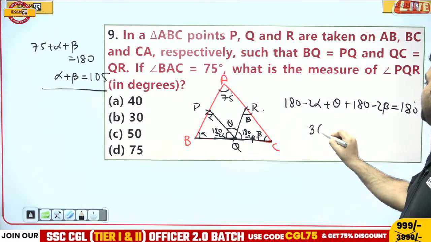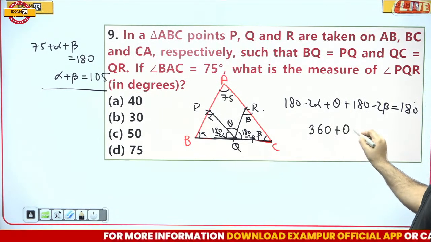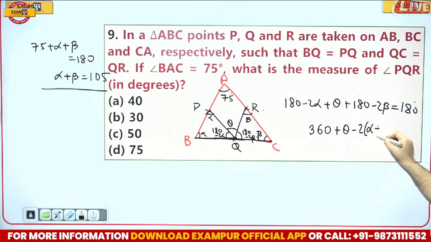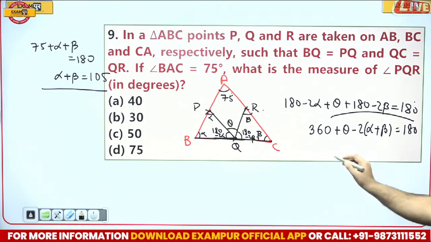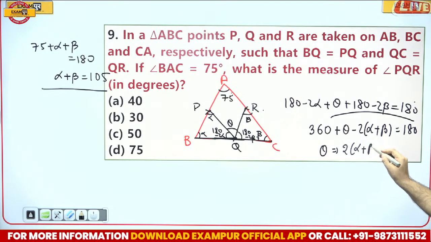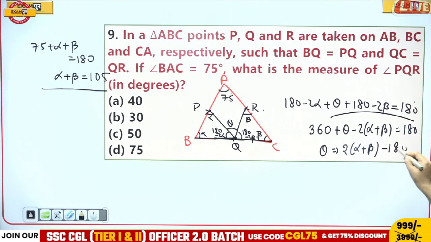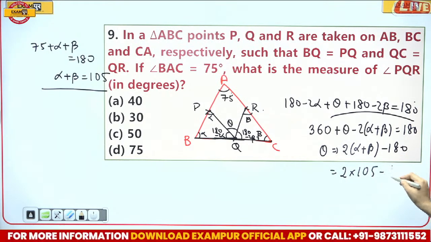So 360 plus theta minus twice of alpha plus beta is 180. So theta comes out to be 2 times alpha plus beta minus 180. Alpha plus beta is 105. 2 times 105 minus 180, 210 minus 180. 30 is the answer.